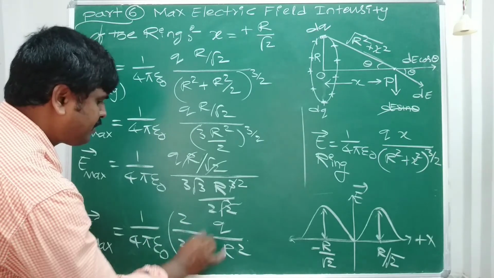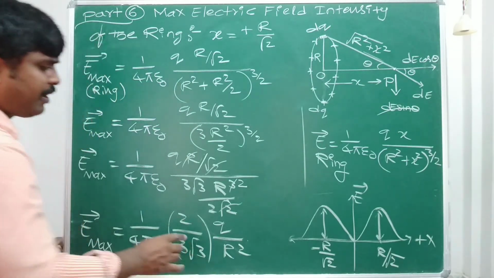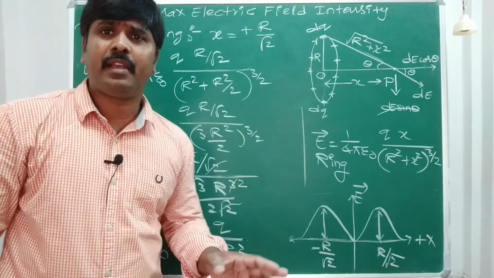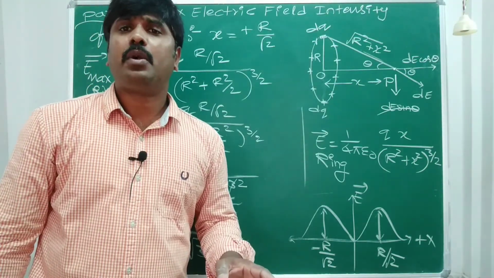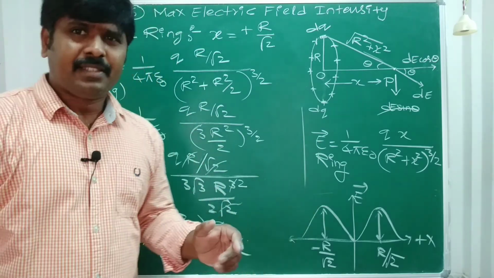Try to understand, here I am applying a by b whole divided by c by d, that is a by b into d by c.